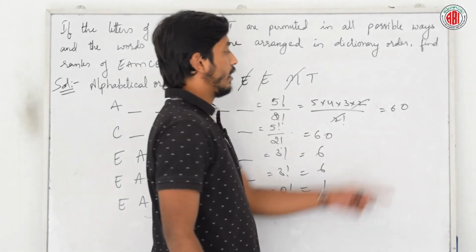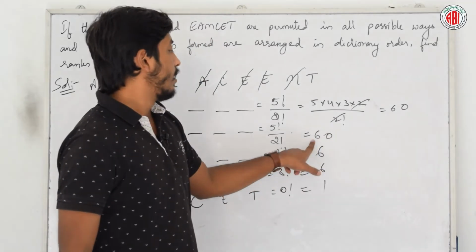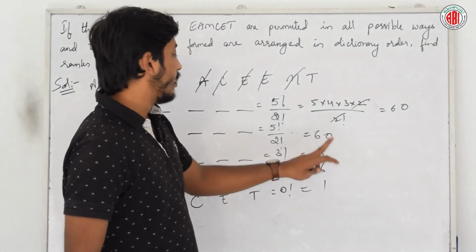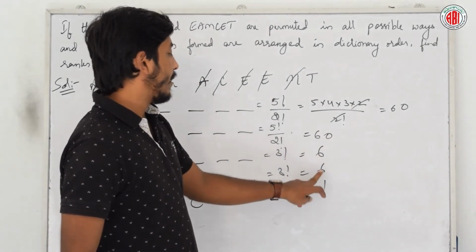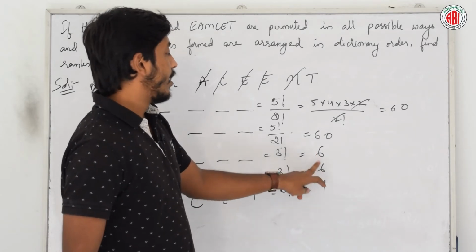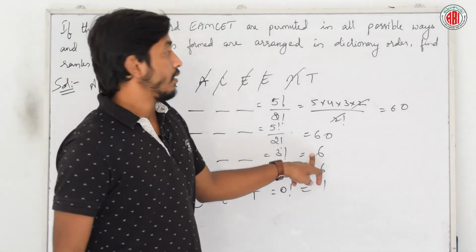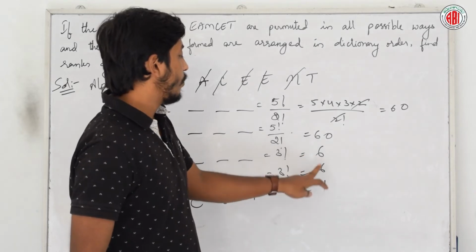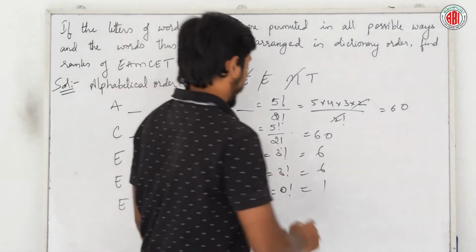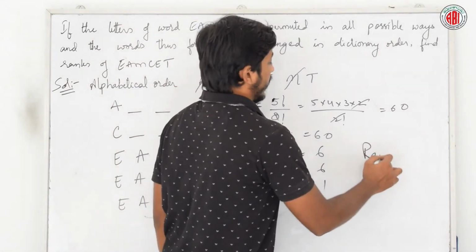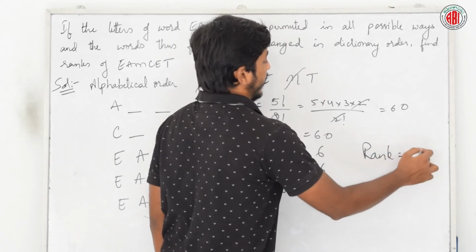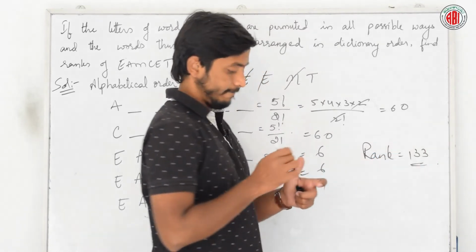This is 1. 60 plus 60 is 120. 120 plus 6 plus 6. How much is it? 120, 132 and 1. Totally the rank of the word METSET is 133.